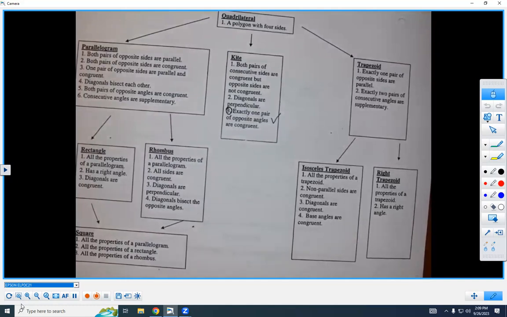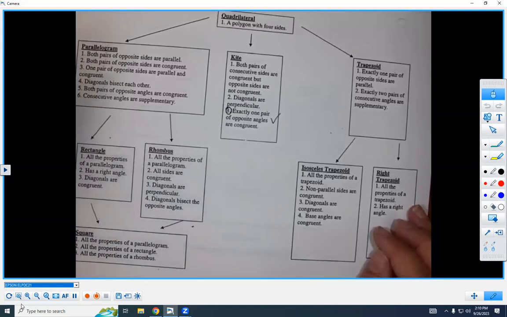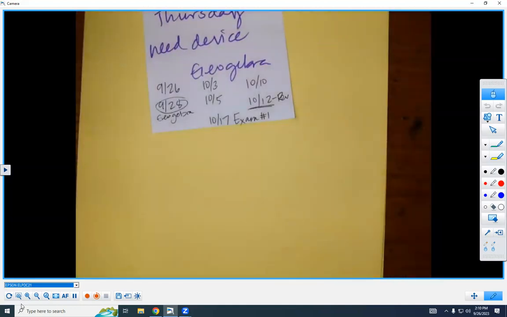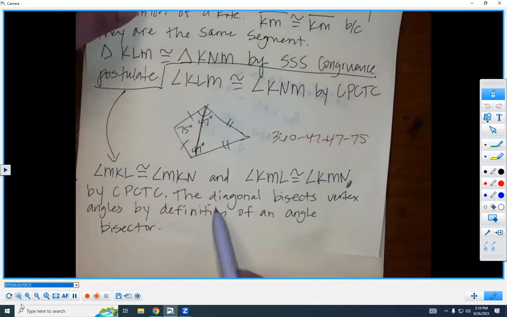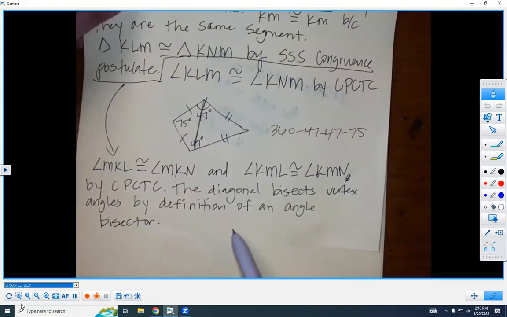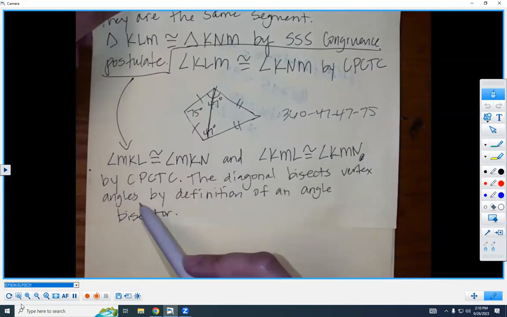And then the next thing, I think I cleaned up my folder. I think I threw away the last page that we were proving things on. The next thing we proved was, do you remember? Yep, the diagonals bisect each other. Unfortunately, I do not have that paper. Oh, actually, the diagonals bisect the vertex angles.